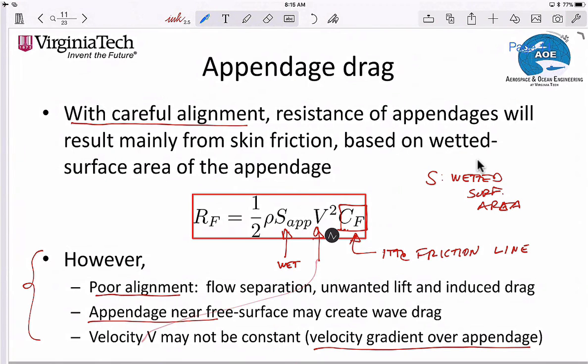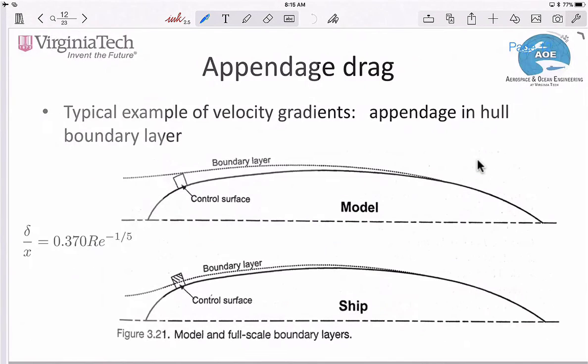Okay, so that's what this means here. If the velocity is not constant, you can have a problem in computing R sub F. But hopefully you've done a good job, and the appendages are aligned with the flow.